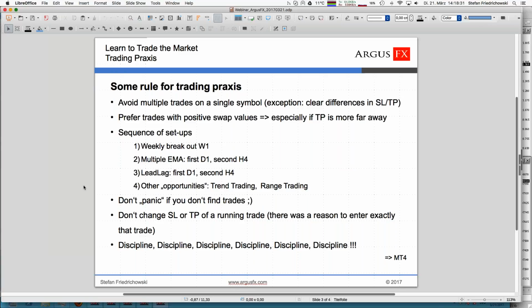But if you always followed those changes by adjusting, for example, stop loss and take profit, it would mean we have to do that kind of job every minute or every millisecond. And that is something I don't want, and therefore I simply don't change anything about stop loss and take profit.